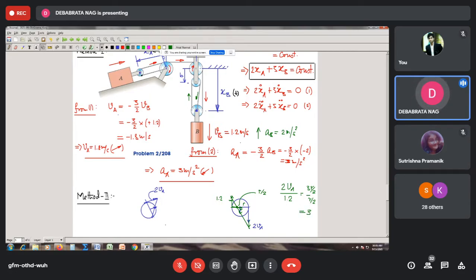So therefore the velocity of block A is going to be equal to 1.2 times 3 upon 2. So the velocity becomes 1.8 meter per second, and we can match the diagram by assuming that this is the sense of rotation.